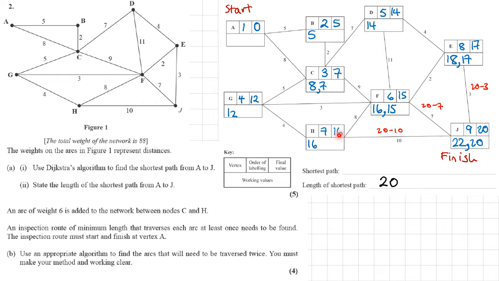So it's not H, because 20 minus 10 is not 16, 20 minus 7 is not 15, but 20 minus 3 is 17. So I know that's part of my shortest route. So now I do 17 minus 4, that's not 14, 17 minus 2, yeah, that's 15. So the route continues here.